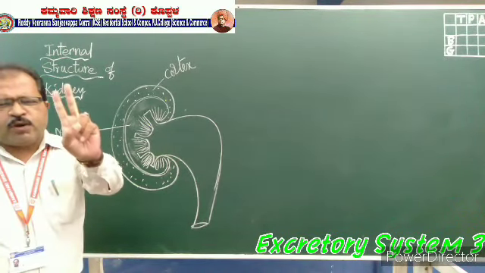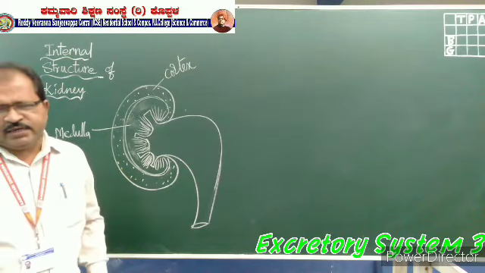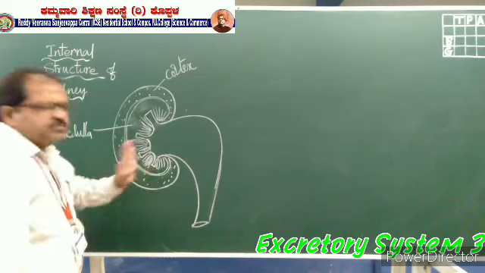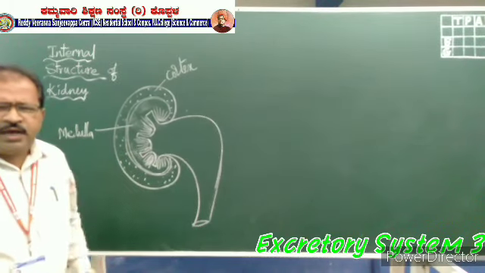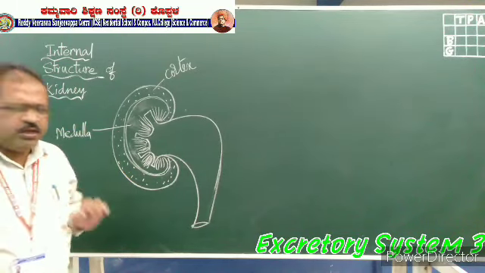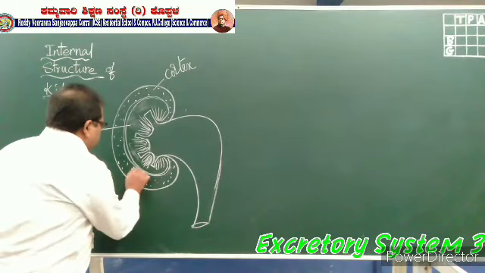These are the 2 major parts that the kidney has internally. The outer cortex is dark red in color, and a dotted appearance is there. Dots you can see here.